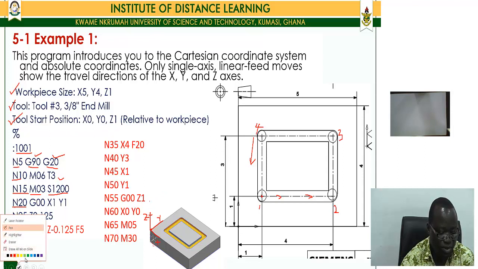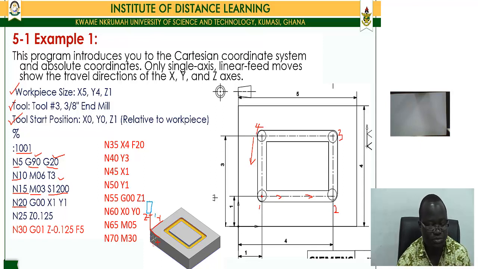So the tool start position, if let's say this is the tool, I'm just going to use a different marker to draw the tool. If let's say this is the tool, the start position is going to be somewhere here. Okay, that is 1 unit from the top position. So X1, Y1 here, X0, Y0, Z1 is going to show 1 unit away from the top face.